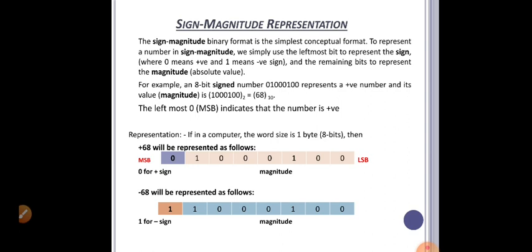For example, an 8-bit signed number 01000100 represents a positive number, and its magnitude is 1000100, that means 68. It's a positive value because 0 is placed at the first place, which indicates that it is positive. The leftmost 0, the MSB, indicates that the number is positive. Let us understand it with one example.